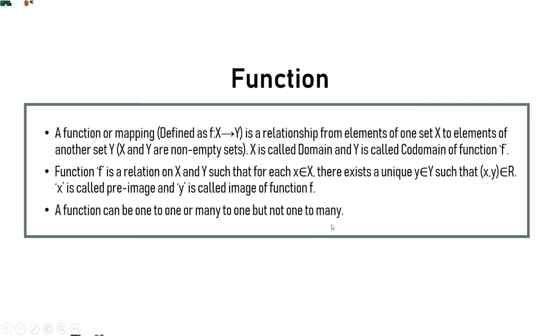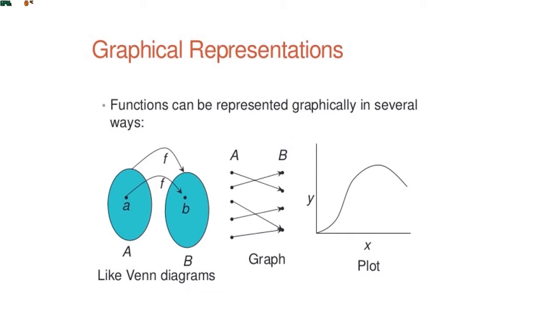But this may vary on the different types of function, which will be discussed by Mr. Gavriel Donasco later on. So here are the graphical representations of a function, like Venn diagrams, a graph, or a plot.